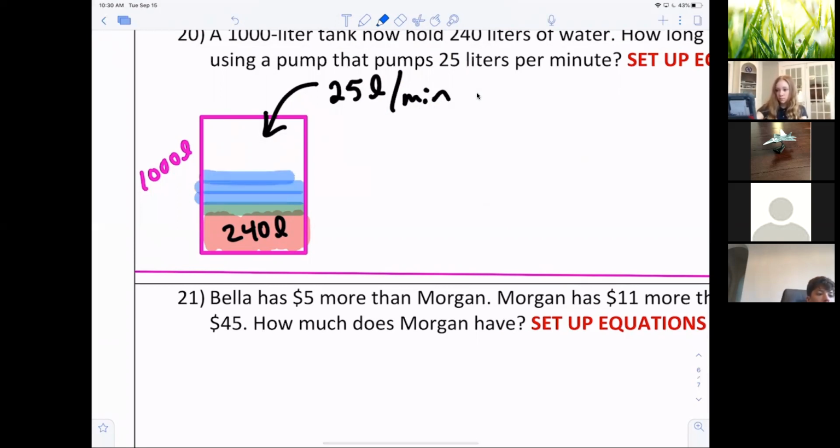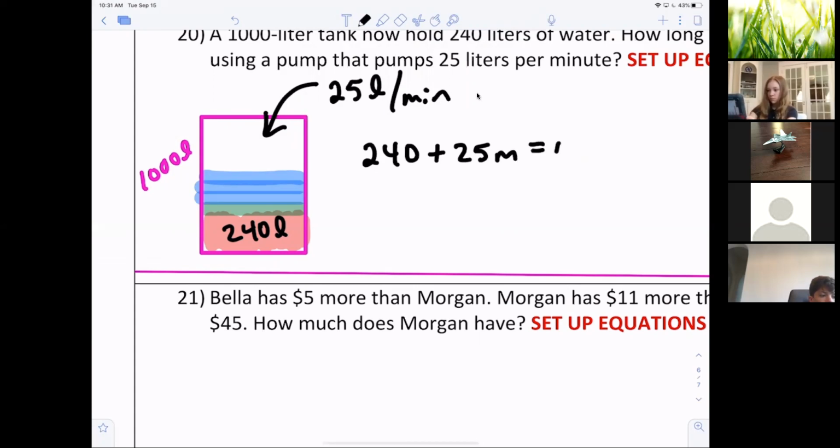I'll just keep adding and adding. You with me? What am I adding? Yeah, you're adding 25. So what are we starting with? How much is in the tank? 240. And I'm adding 25 liters every minute. And then eventually it's going to equal what?